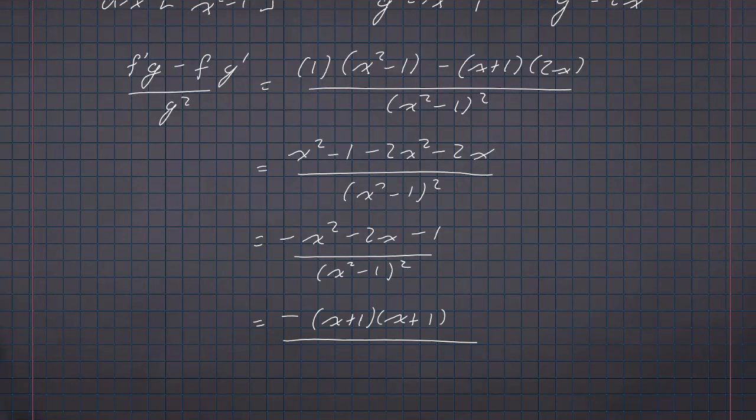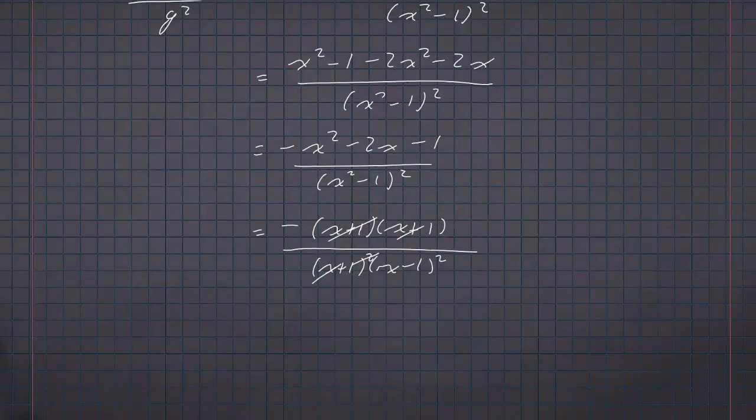X squared minus 1 factors to x plus 1 times x minus 1. And since this whole thing is being squared, we can distribute that and square each of those pieces in turn. So my x plus 1s all cancel each other out, leaving me with -1 over x minus 1 squared.